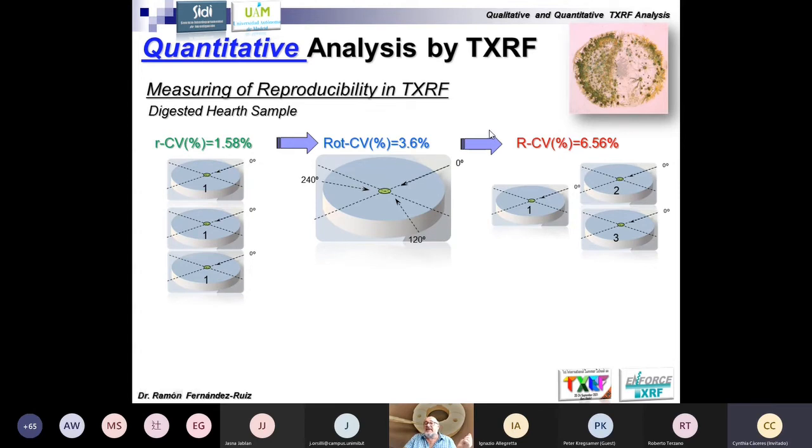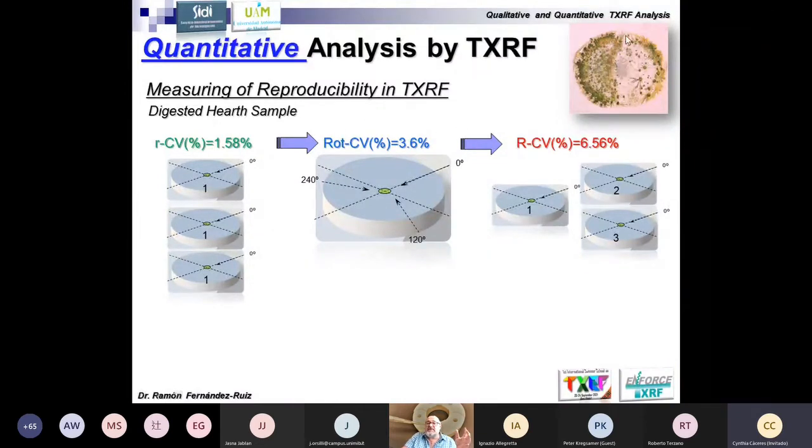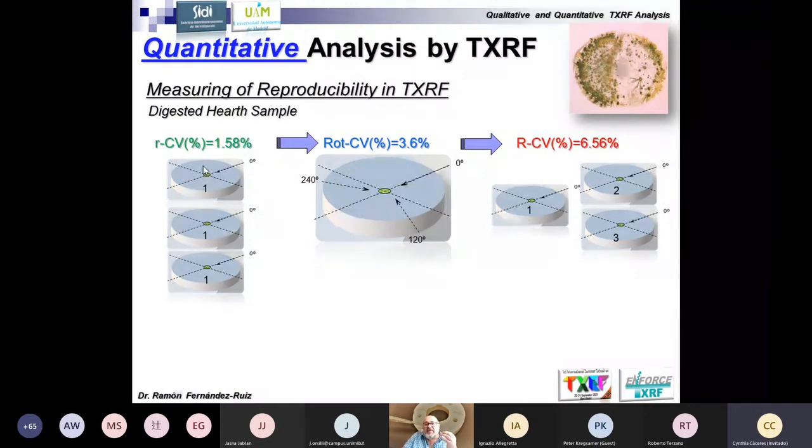Applying different strategies of measuring. Only in this case, for a sample of hair digested in a Medionetic tube, you can see here three different evaluations of the reproducibility of the measurement.